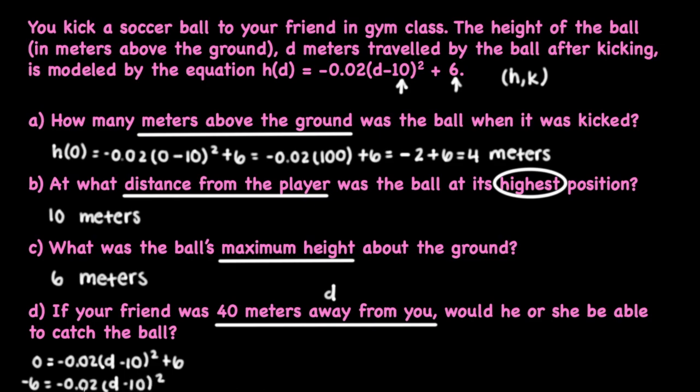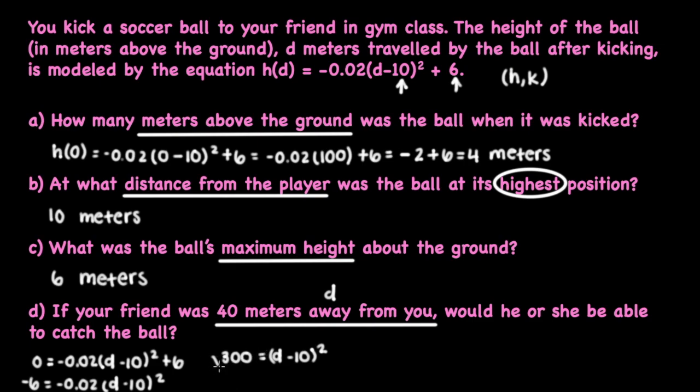Now, if we divide negative 6 by negative 0.02, we get 300. So 300 is equal to d minus 10 squared.